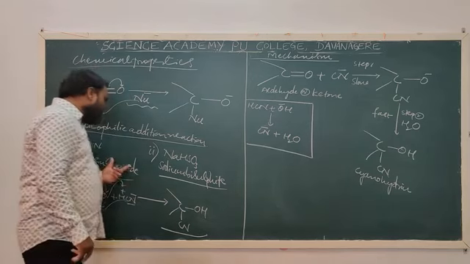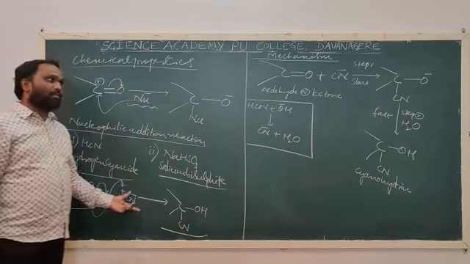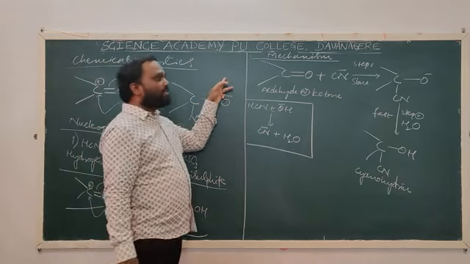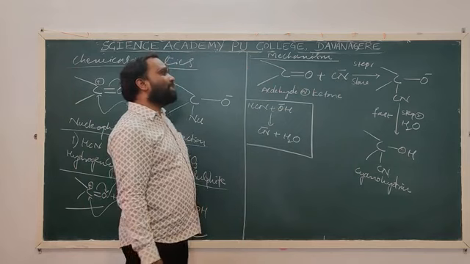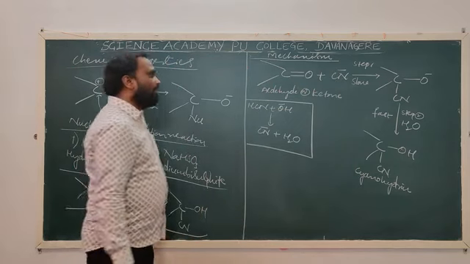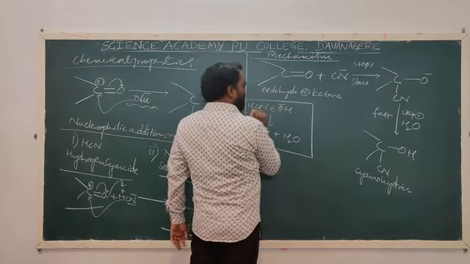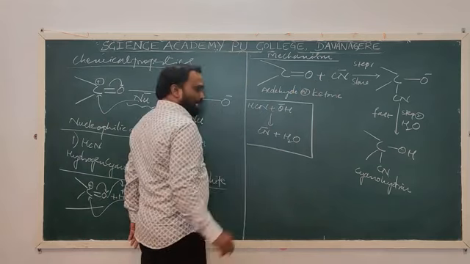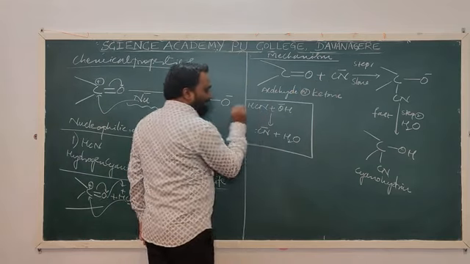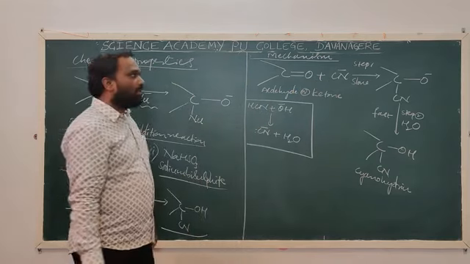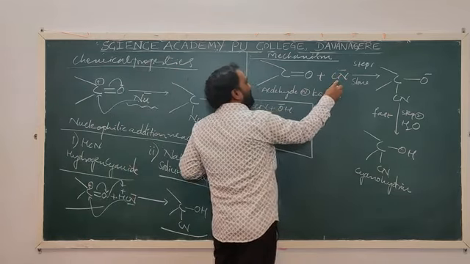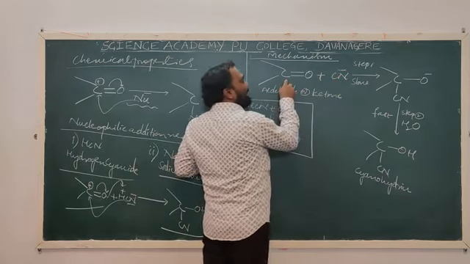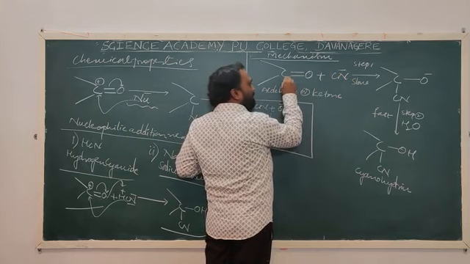Now let us take the mechanism, how this reaction takes place. Very, very important. The nucleophile CN minus is generated in the presence of base. This HCN gives the nucleophile CN minus. In the first step, this CN minus attaches to this carbon.